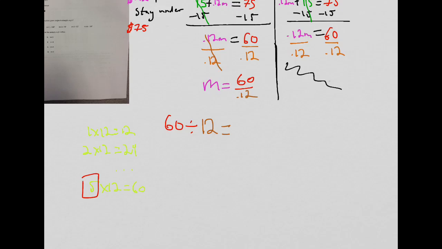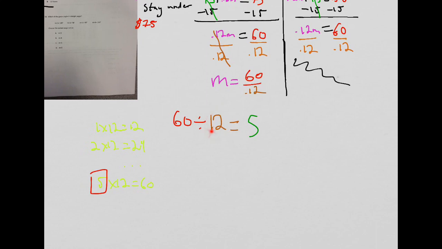These are essentially the same digits. The only difference is the decimal point was moved 2 places over. So let me model one. If I do 60 divided by 1.2, I know that this answer must be bigger than this 5. The reason why is because 1.2 is smaller, so it's going to take more times to go into the 60. 60 divided by 1 is 60, and that's much bigger.